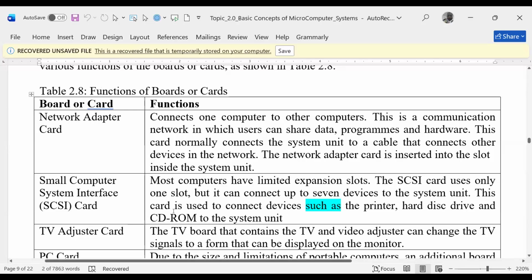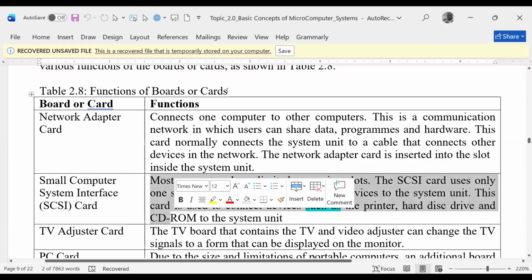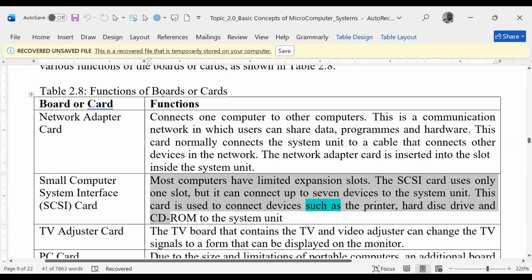Then the next, these are the functions of boards or cards. The card is the same as a board that can be added. So these are some of the cards or boards that can be added to your computer system to upgrade. There's something called small computer system interface. Most computers have limited expansion slots.